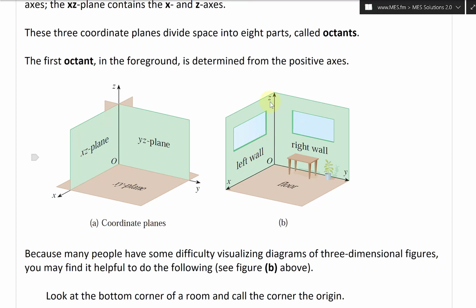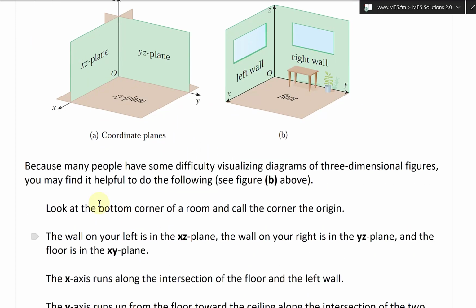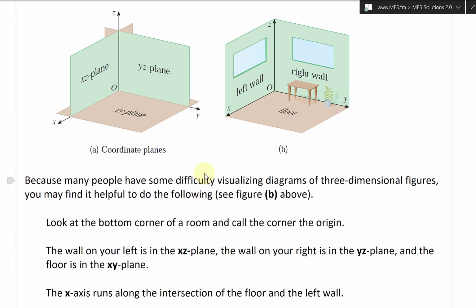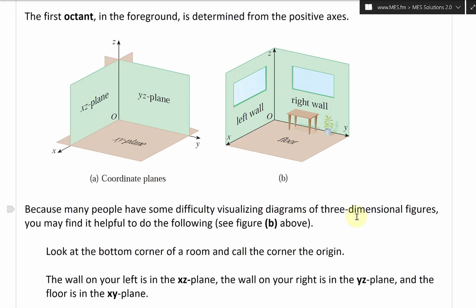And note here we have a room, with a left wall, a right wall, and a floor. That's because many people have some difficulty visualizing diagrams of three-dimensional figures, so you may find it helpful to do the following, and you can see this in figure B above. Look at the bottom corner of a room, and call that corner the origin.